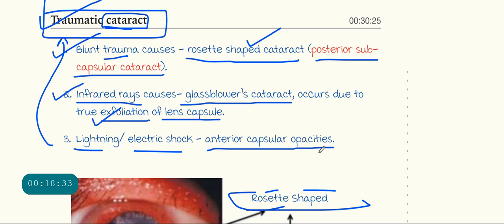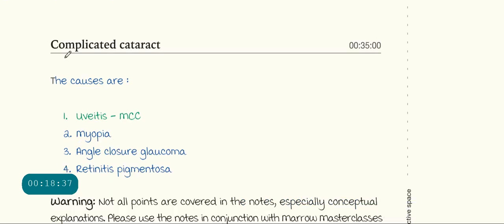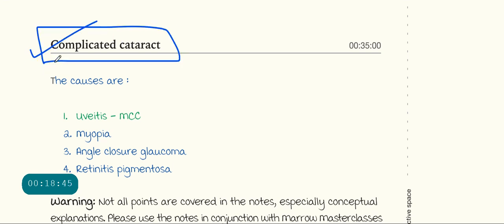Now the next type, the third category, is complicated cataract. The most common cause of complicated cataract is uveitis. There is an inflammation.